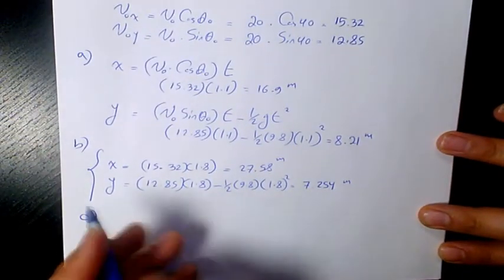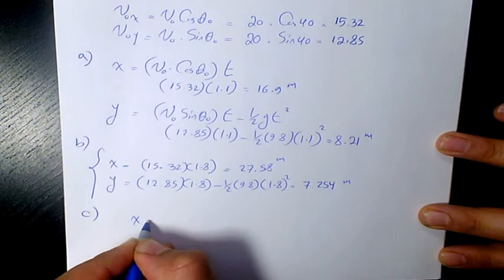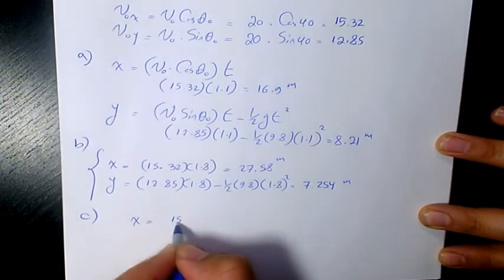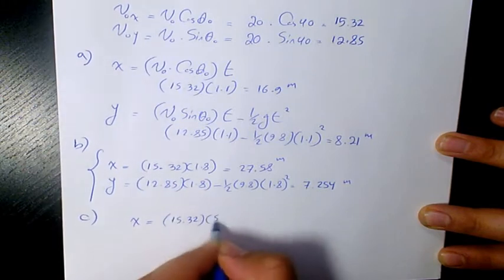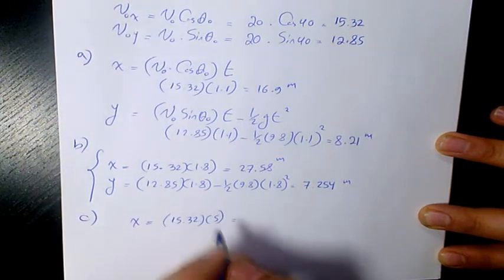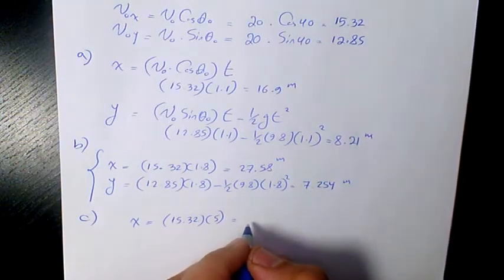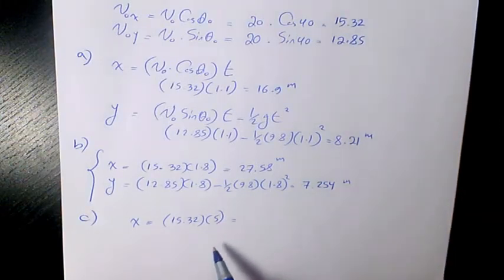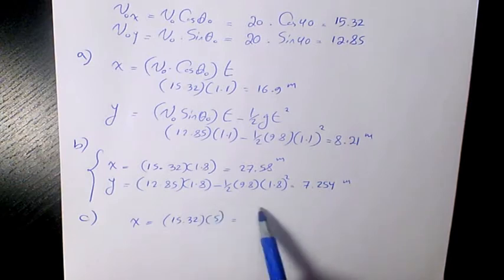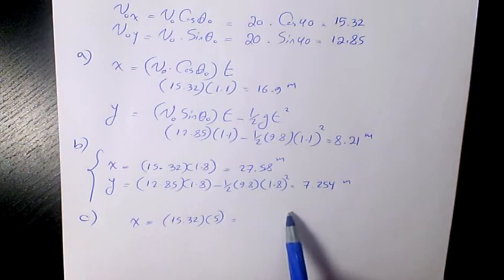So we're going to have x equals 15.32 times 5. But before that, we need to find out how long it takes for the stone to come to the ground. So the stone hits the ground earlier than 5 seconds. How to find it?